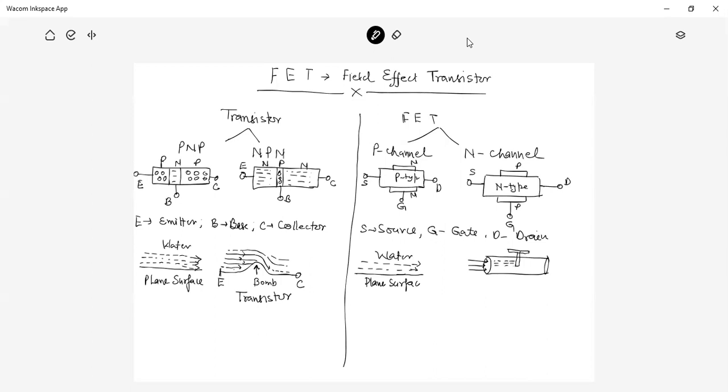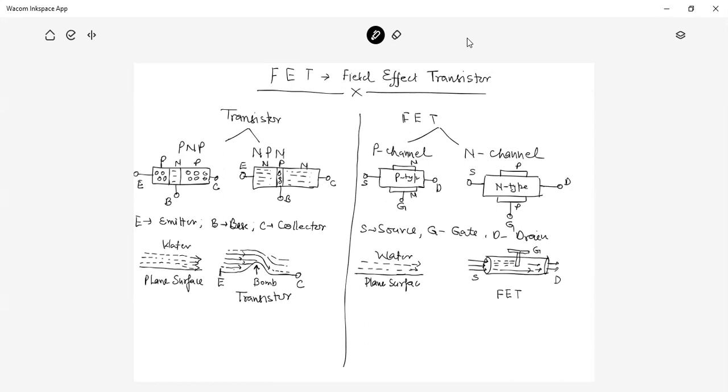There is no flow, and here the water flows in this part. This part is known as source. Here it is gate, and this is your drain. And it is FET.